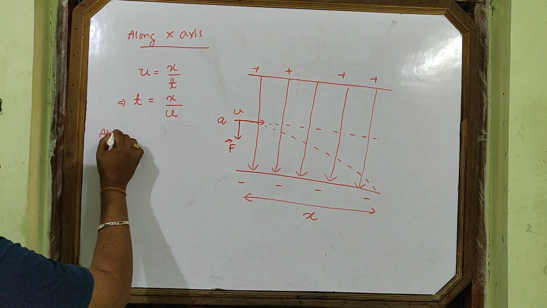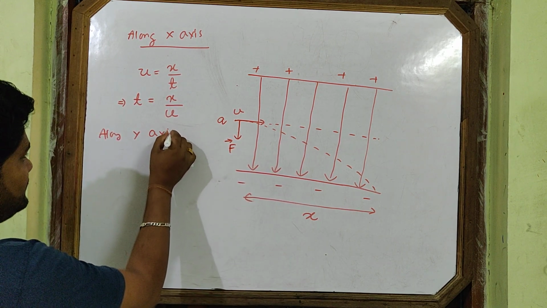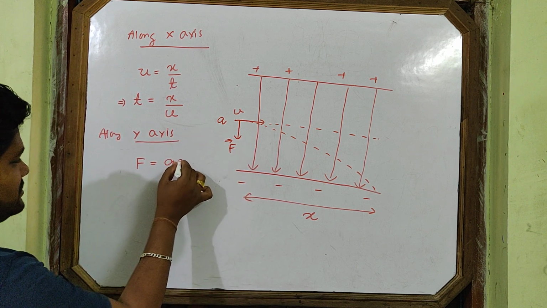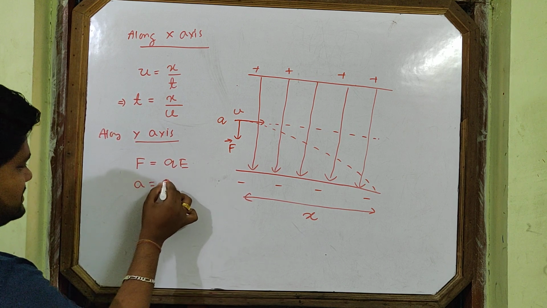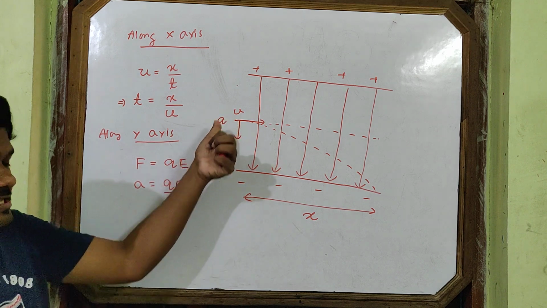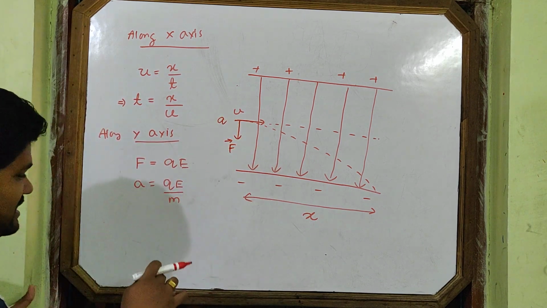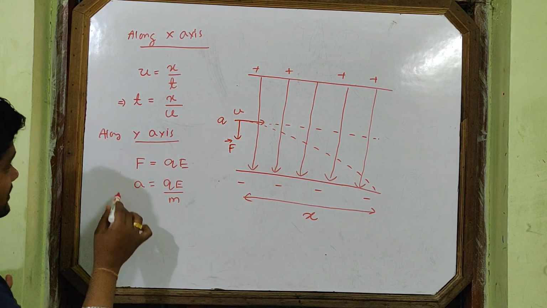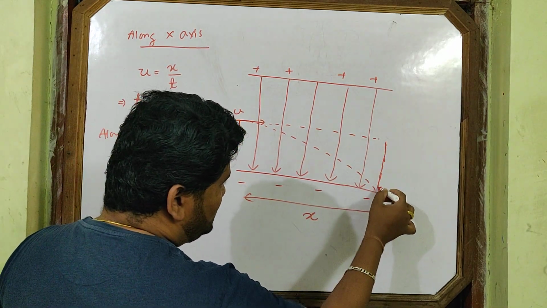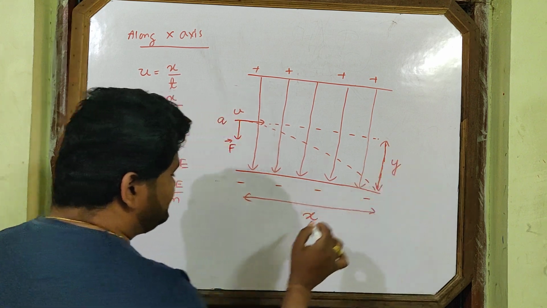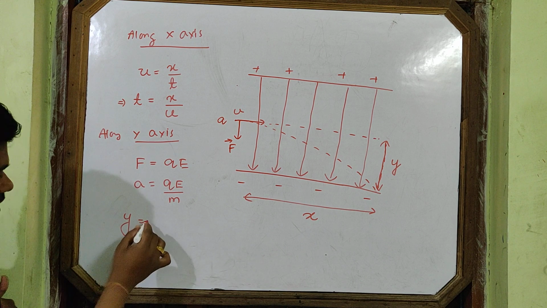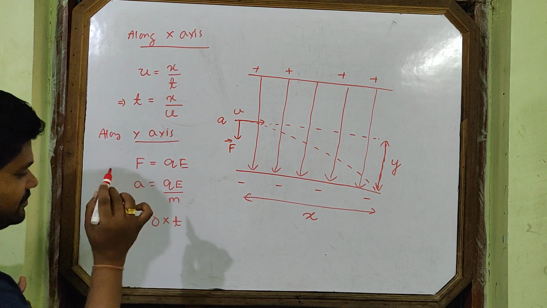Now come to the y-axis. Force F acts here. What is the force? F equals QE. What is the acceleration? QE by m. This is the acceleration along the y-axis. If this is the acceleration, then what is the equation of motion? This is the distance covered along the y-axis, y. So S, meaning y, is equal to ut, but u is 0.